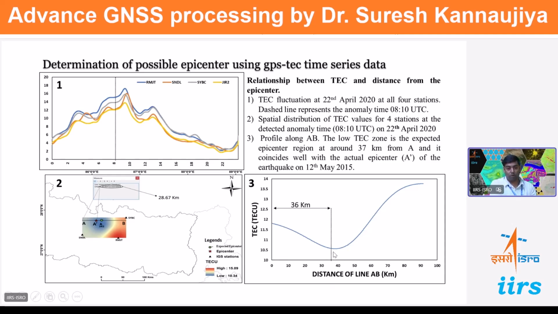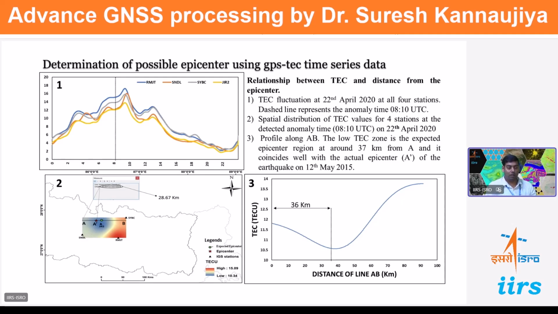This approximate epicenter can be forecasted, and it will be a great help to society for the upcoming megathrust earthquake, because magnitude 4, 5, and to some extent 6 create less hazard, but more than 6 creates tremendous hazard.